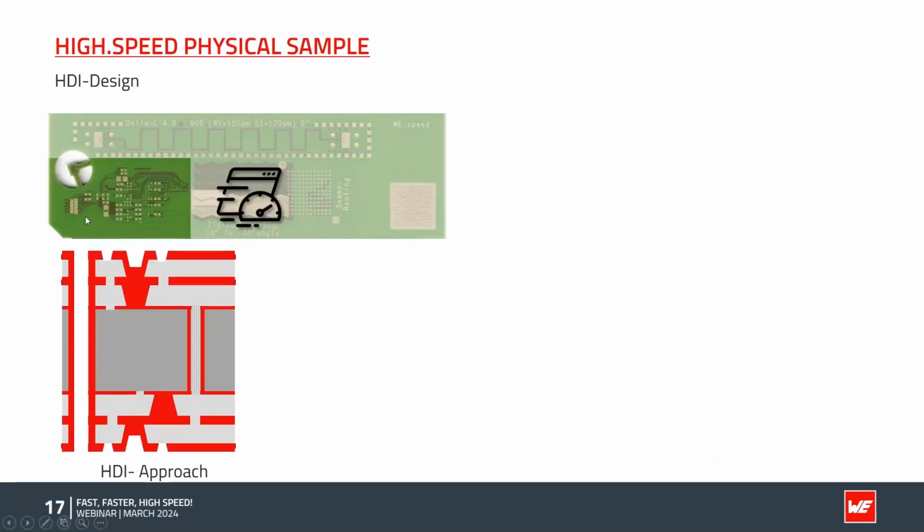On the left-hand side, we have a representation of an HDI design, and it shows that also with this material, complex stack-ups are possible. All typical HDI designs and technologies are also available with this new material.